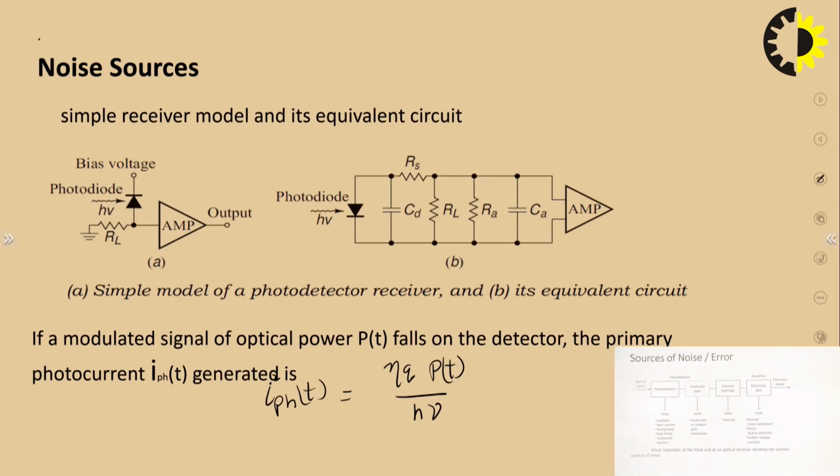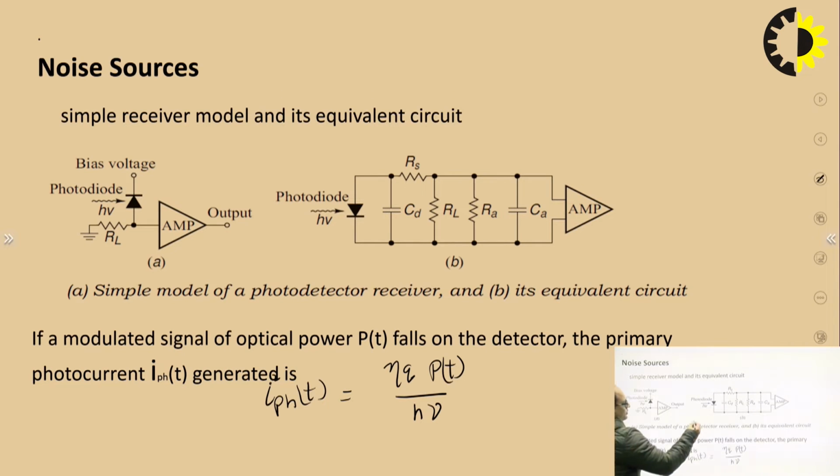So these are the sources of noise, and this one is the equivalent circuit. This is the simple model of the photodetector receiver, and this one is its equivalent circuit.